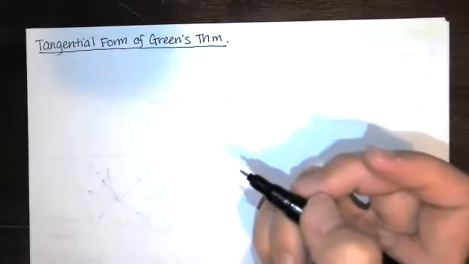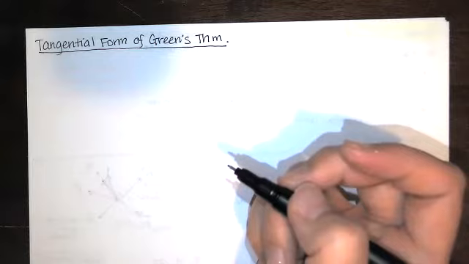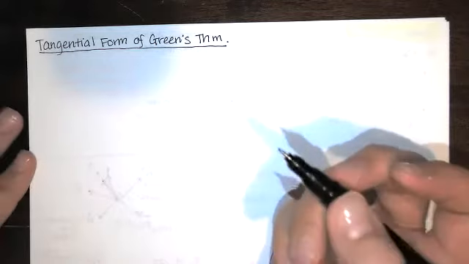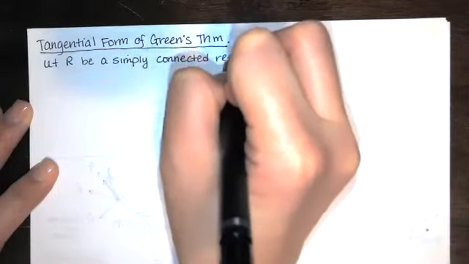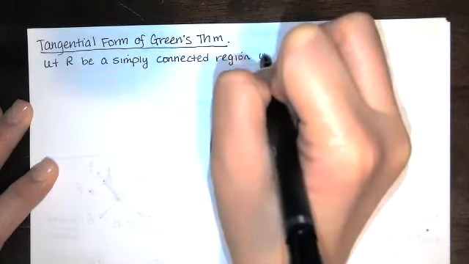Now it has some qualifiers, some requirements. The farther we go in math, the more qualifiers we seem to have. We say let R be a simply connected region. And we are in the xy plane, so it's in R2.